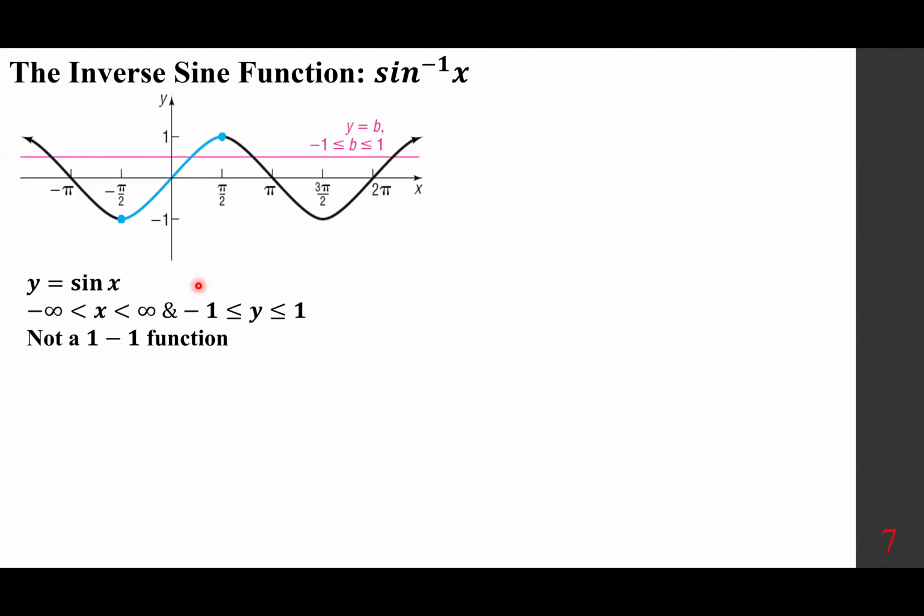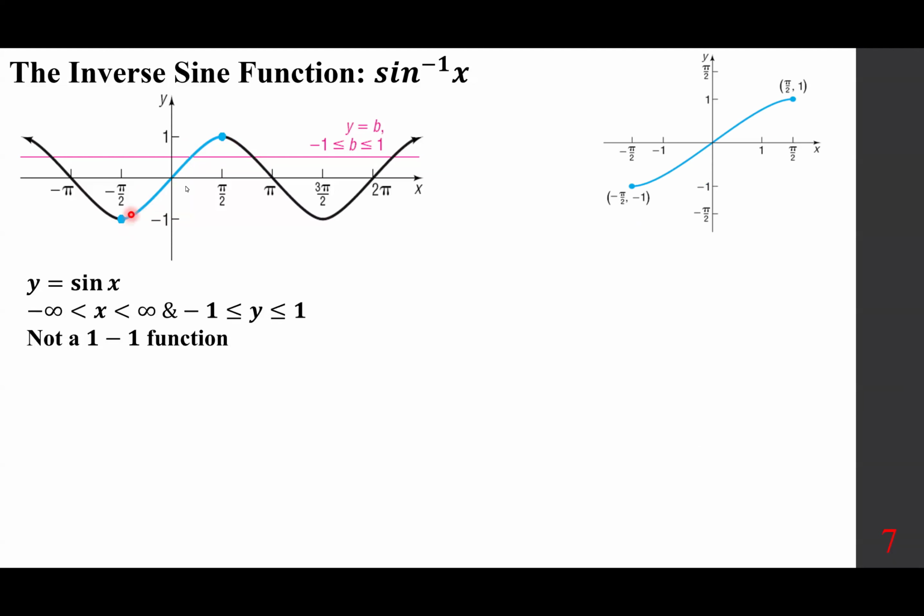So y equals sine x: the domain is from negative to positive infinity, and the range is from -1 to 1. It's not a one-to-one function, and it does not have an inverse. However, we can restrict the function to just the blue part, and it becomes one-to-one, and now it has an inverse.